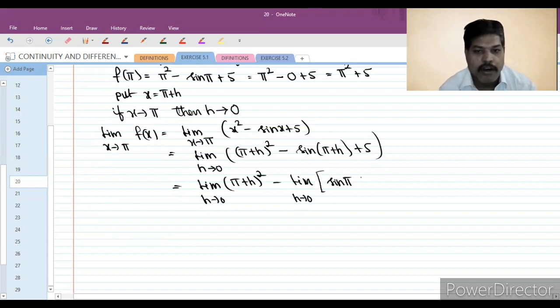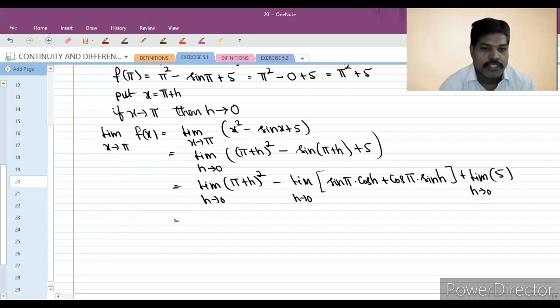Sine a cos b plus cos a sin b. Plus limit h tends to 0 of 5.